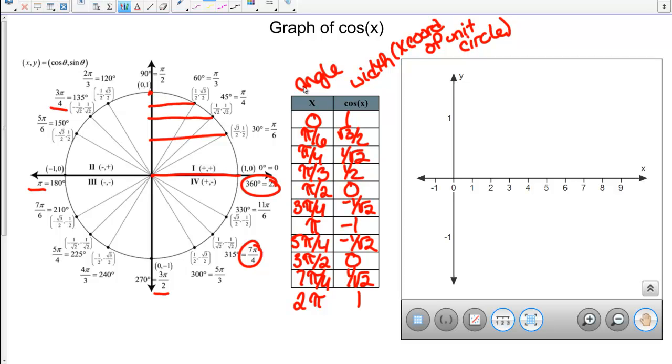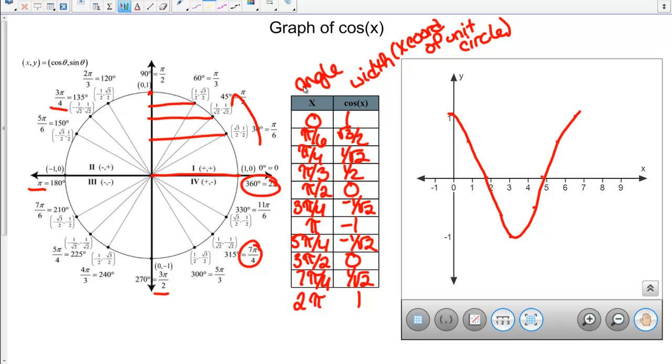So if we graph these points, we get a graph that looks like this.